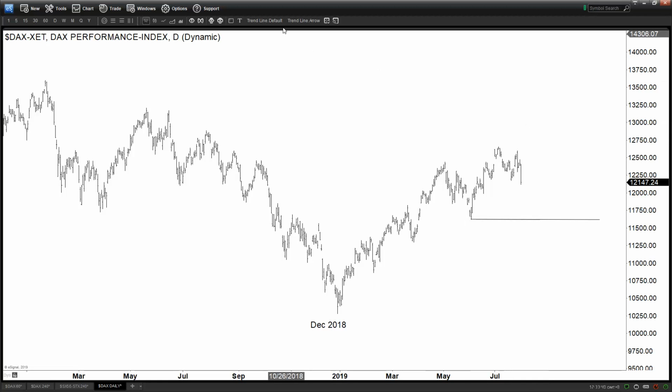Okay, so we also got this trend line over here, and ideally it really needs to stop here instead of dropping further and then starts to rally again. Now if it drops and closes below this trend line here, that makes it a little bit problematic, because then that could suggest the cycle is finished, right? And this can even become a flat here in the DAX.